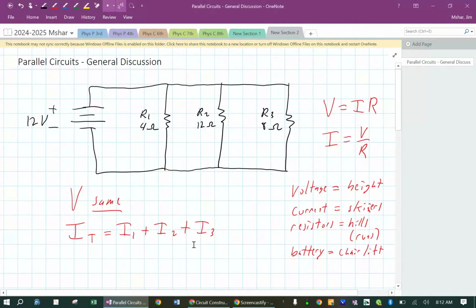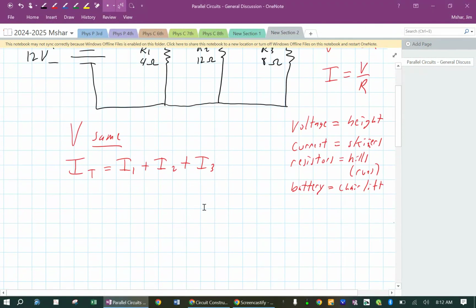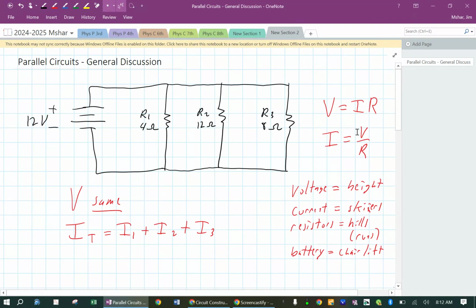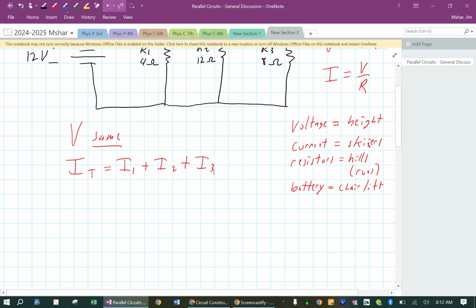Okay, now to find total resistance is actually a formula. So I, from Ohm's law, is V over R. So in this equation here, I'm going to replace each I with the V over R. So V total over, we're going to call this the equivalent resistance of the circuit, the total resistance.